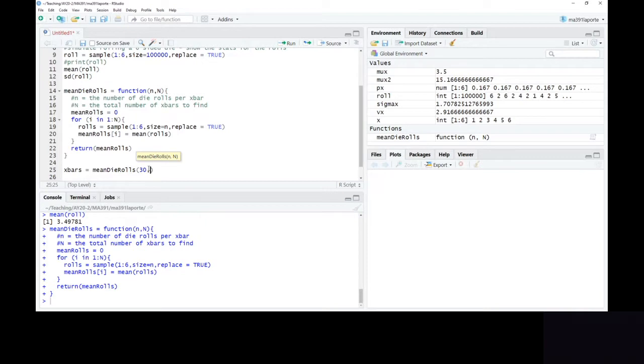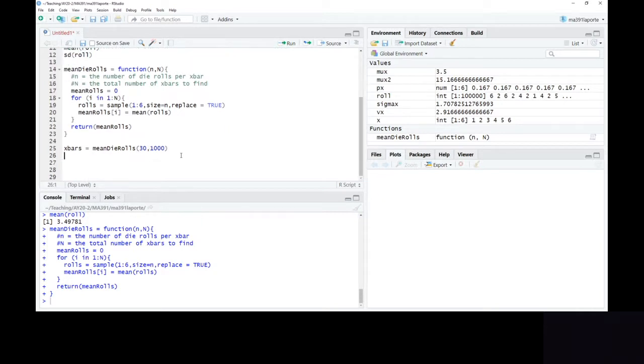And then the next question is, well, how many of these X bars are we going to capture? I don't know. Well, maybe we'll do 1,000 of them. Then I'm going to do a histogram of all of those X bars just to see what they look like.